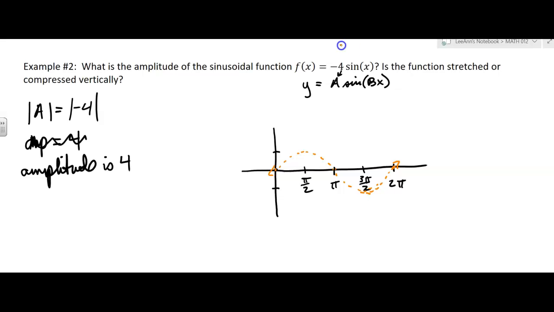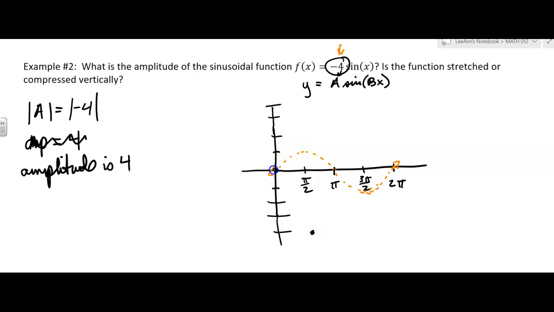But now we're going to have this amplitude of -4. And so it's going to be going up 1, 2, 3, 4, and down 1, 2, 3, 4. And I was just eyeballing those, not too bad, I guess. Okay, but it's a -4, right? So it's going to reflect about the x-axis. So my point that used to be at pi over 2, 1 is actually going to be at -4.